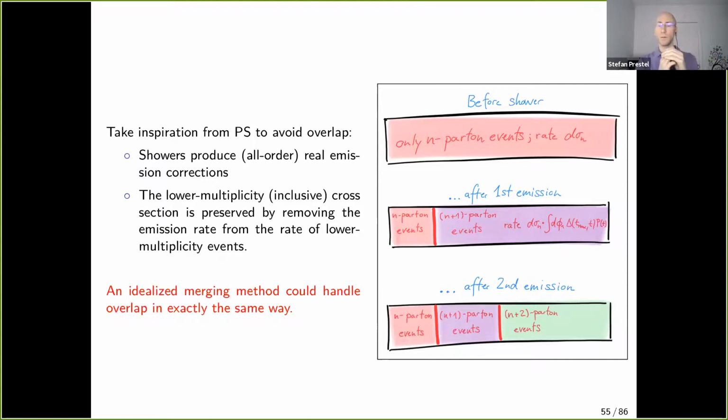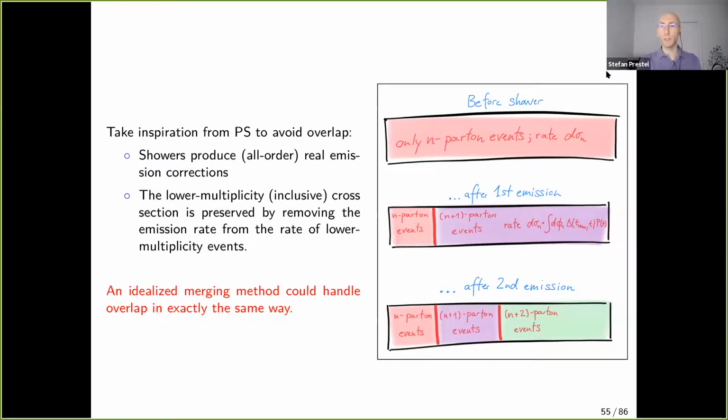Now, if you do a second emission, then you can again split up this part where you have a first emission into a part that stays an n plus 1 body configuration, or a part that moves into an n plus 2 body configuration. If you're not sensitive to any of these emissions, then you can just sum up all of these buckets again, and you recover the original bucket. You'll always keep the 1,000 events, and these 1,000 events had originally been distributed according to the differential cross-section for n particles.